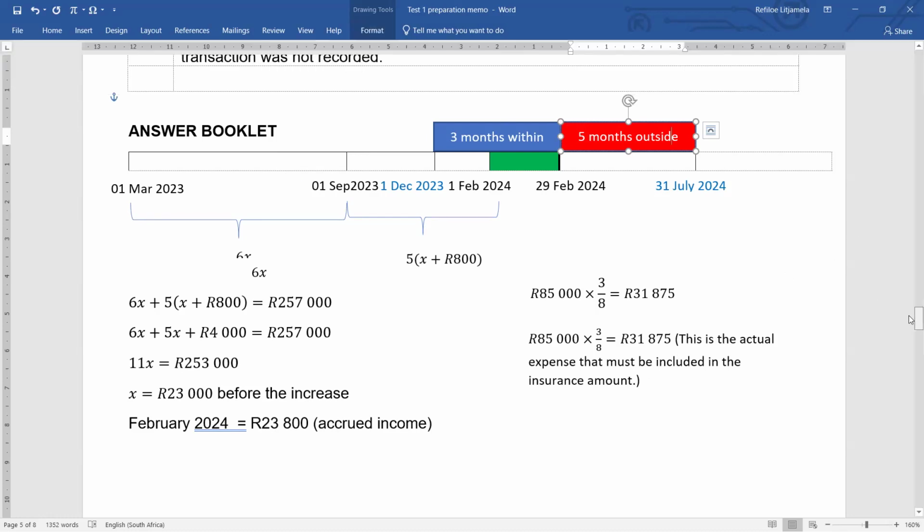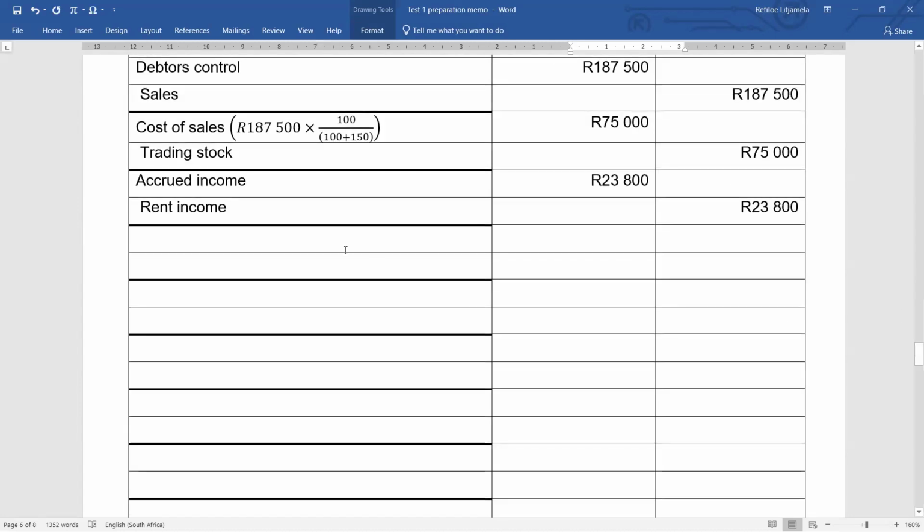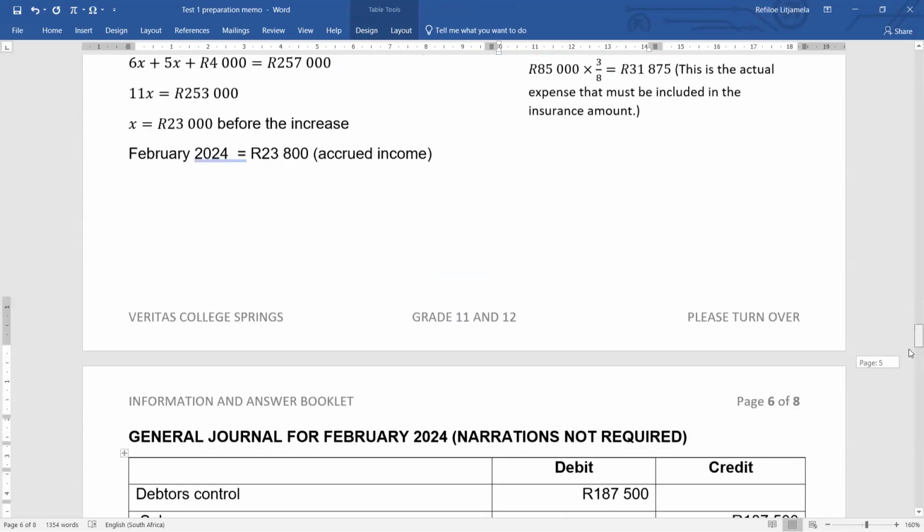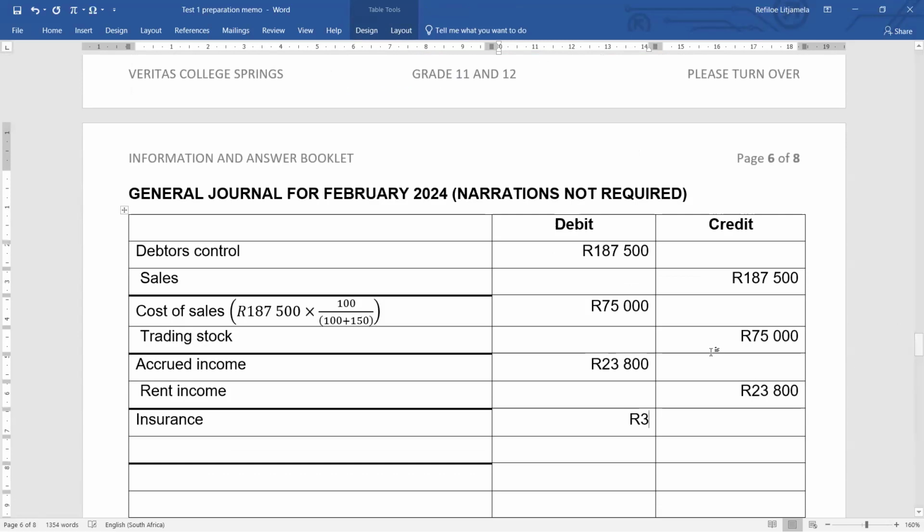Normally this transaction would be recorded in the CPJ, but because it's a correction of error, I'm going to debit insurance by that amount, 31,875. It increases your insurance expense, and I'm going to credit bank, because it was paid. It was never recorded, so we're going to record it.